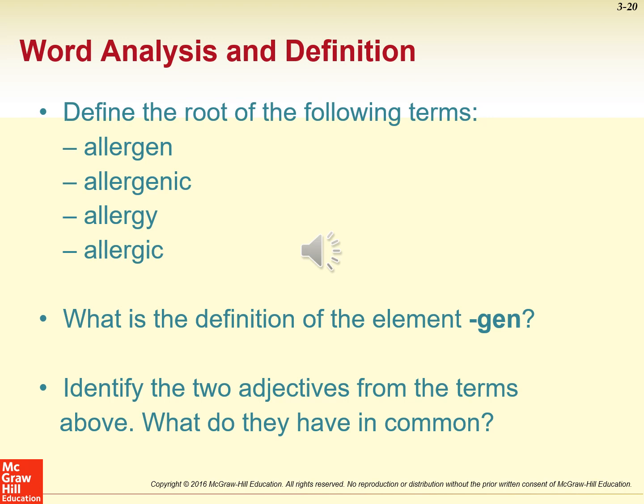Gen means producing. The two adjective terms for those listed are allergic and allergenic. They have a common suffix, ic, which means pertaining to.